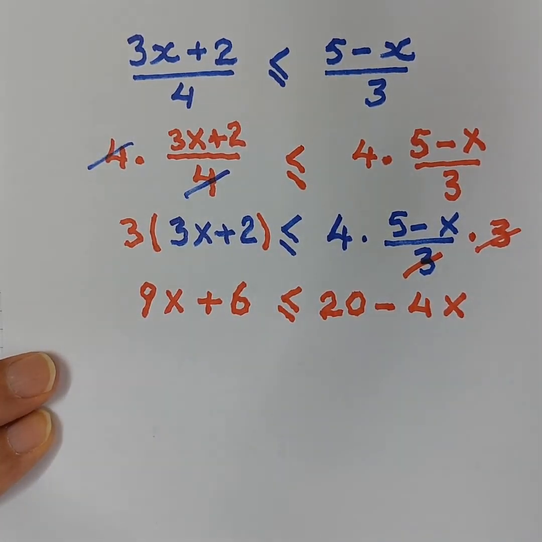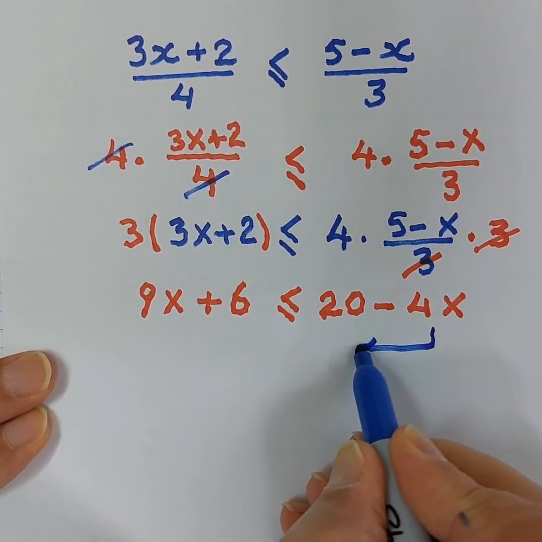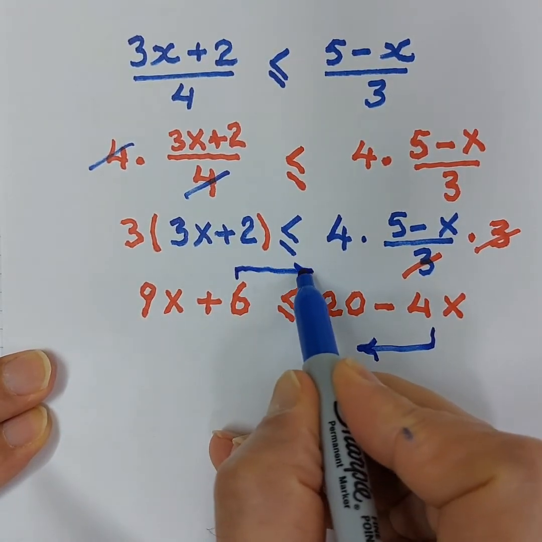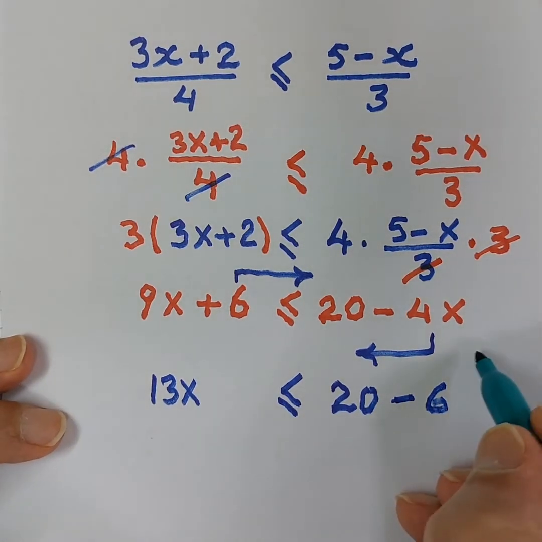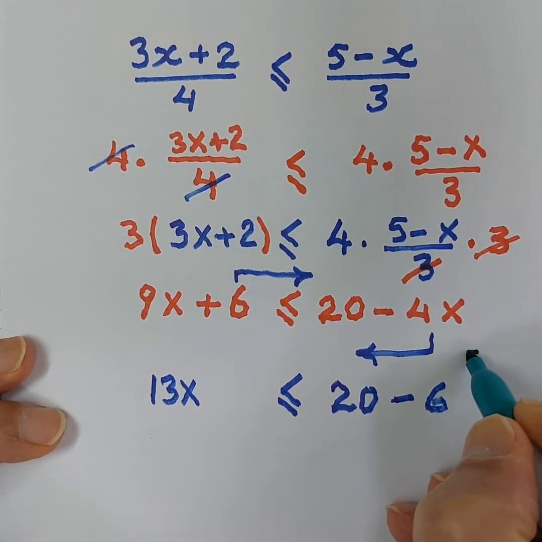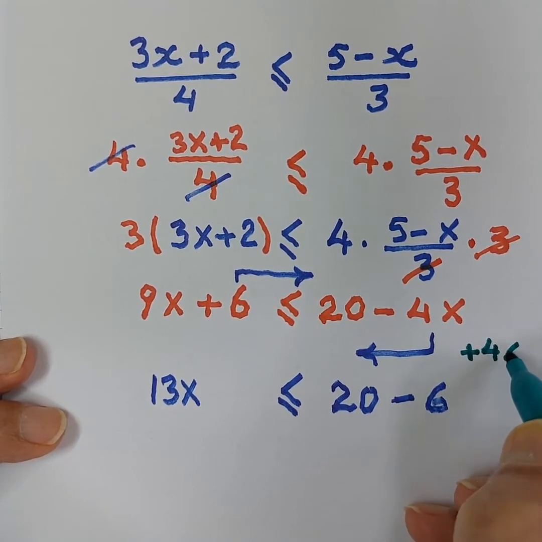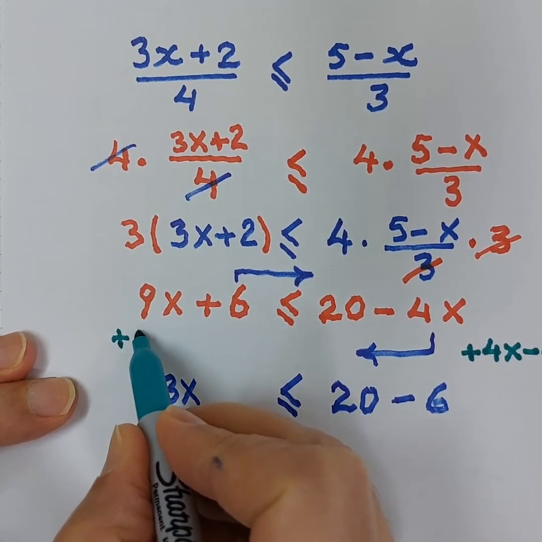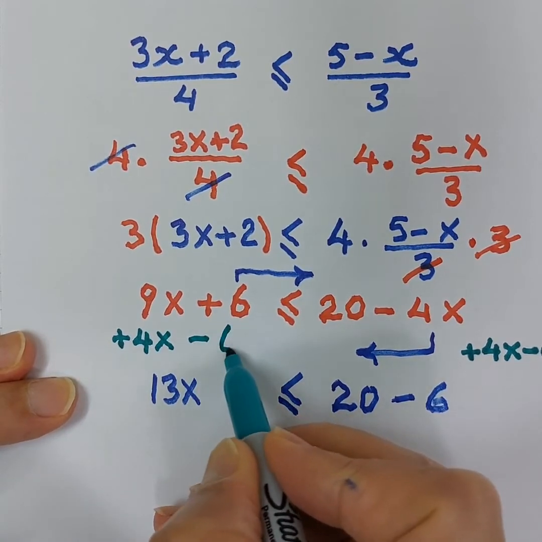That means I will now move negative 4x to the other side, and I will move 6 to the other side. You see, I added 4x positive, I mean, and negative 6, and again here, 4x positive and negative 6.